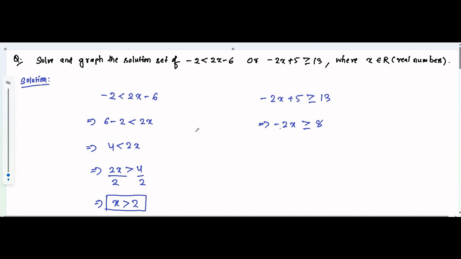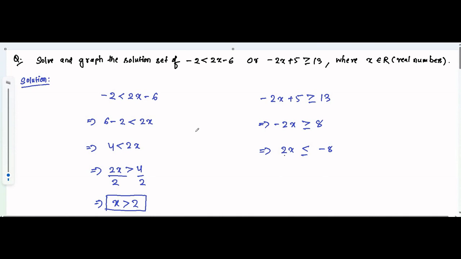Now we have studied in the rules of handling linear inequations that if we change the sign on both sides of the inequation, then the sign of inequality gets reversed. So if we change minus 2x to 2x and plus 8 to minus 8, we have changed their signs, so this greater than or equal to will become less than or equal to. The sign of inequality got reversed.